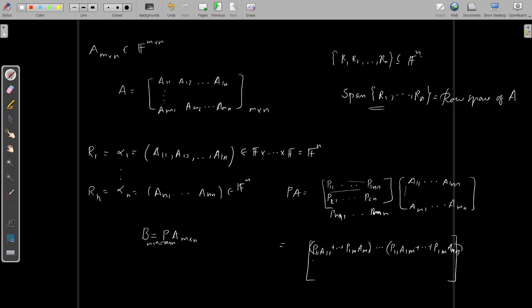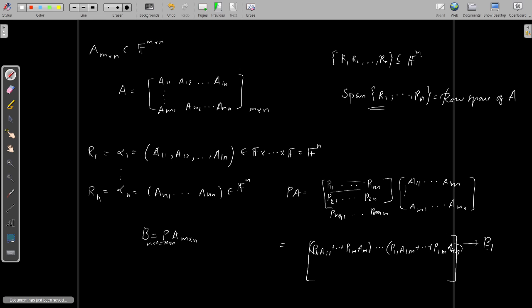Now consider this row, the first row of PA. I call it the first row of B, so I put this row as B1.